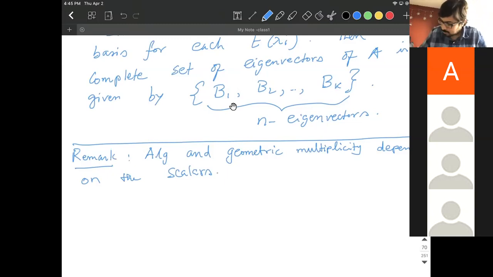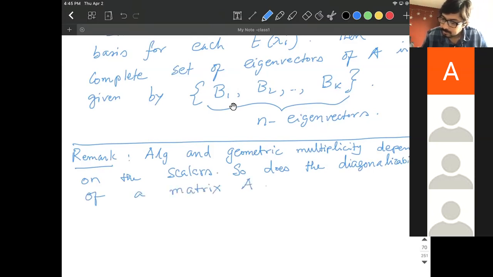So does the diagonalizability. A matrix can be diagonalizable if your scalars are complex numbers, but it may not be diagonalizable if you are working over real numbers.